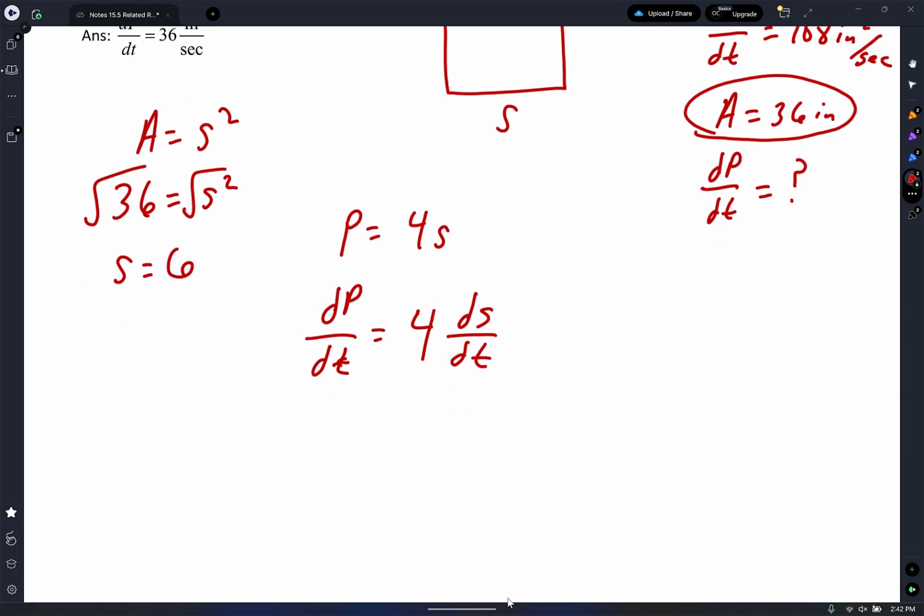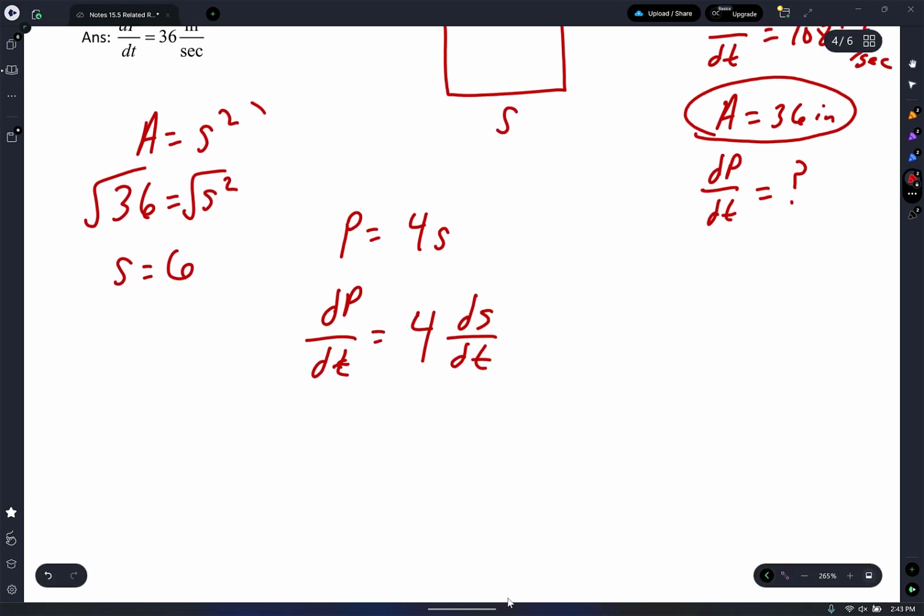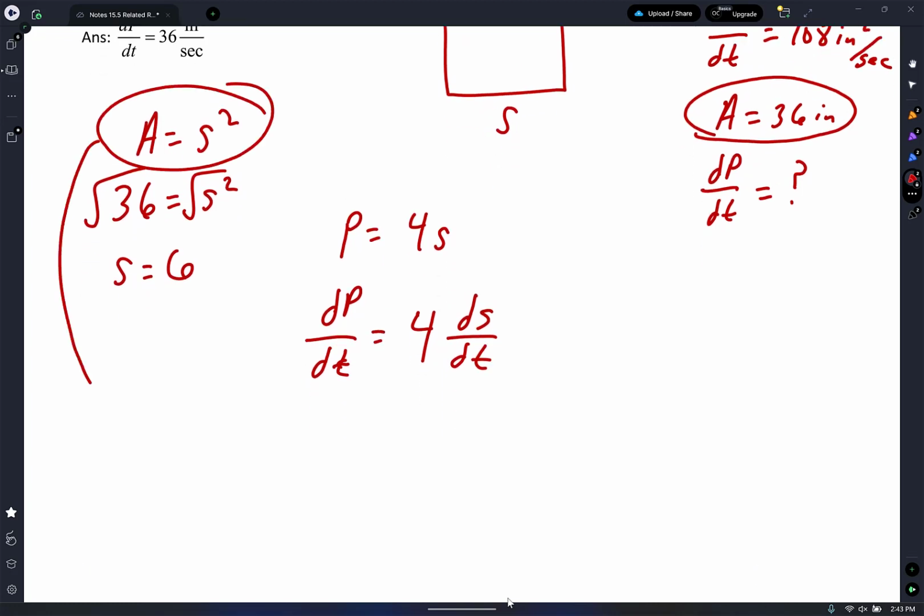Remember they told us that dA dt was 108? So let's take a derivative of the area formula, because you need that 6 anyways. dA dt is equal to 2s ds dt. Are we cool right now?